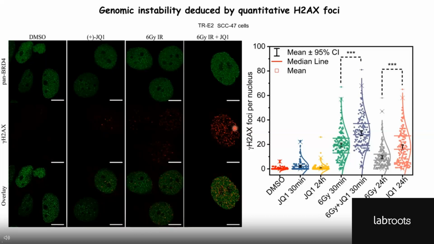This suggests to us that if you add a BET inhibitor plus radiation, you can extend the instability of the genome of these cancer cells, because these cells cannot repair efficiently, which is a favorable outcome when you want to treat patients.